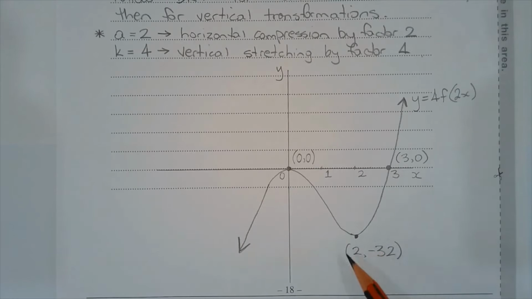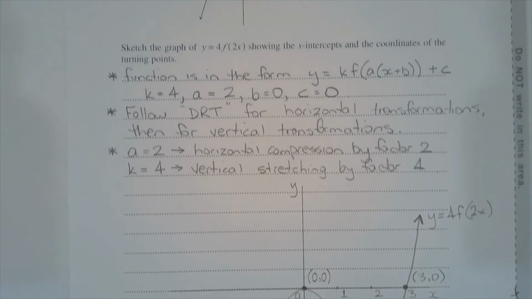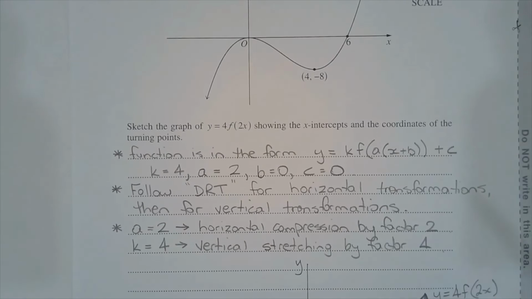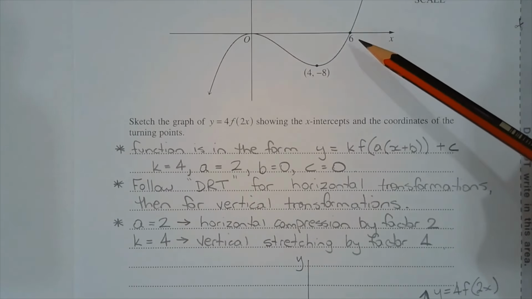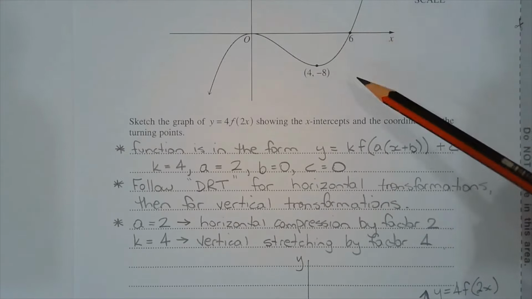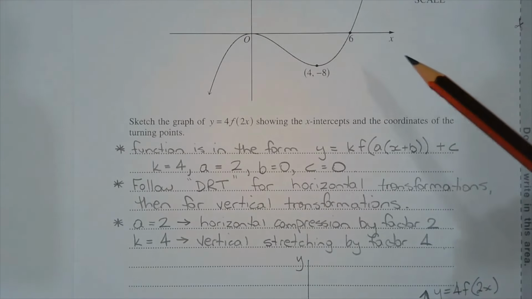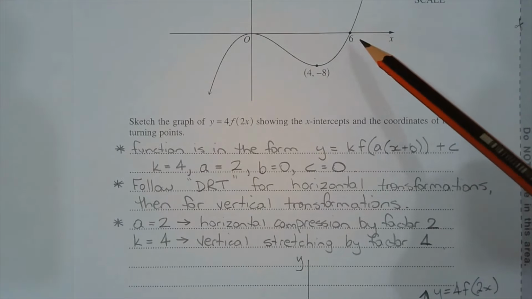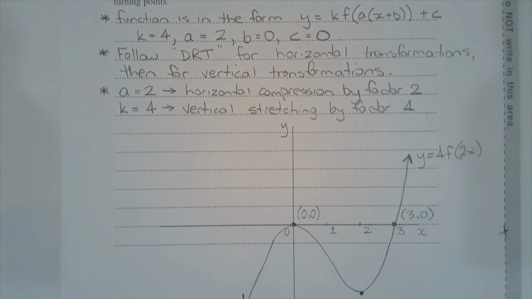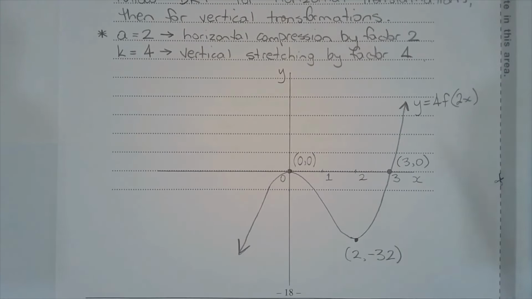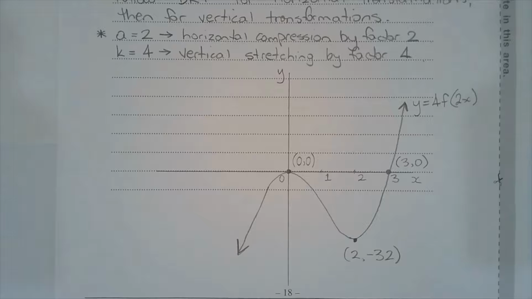And we end up with this point here. And the x-intercept of 6, its y-coordinate is 0, so there's no vertical dilation there, obviously. But the x-coordinate, or the x-intercept, is divided by 2. So we end up with an x-intercept of 3 in the transformed curve.